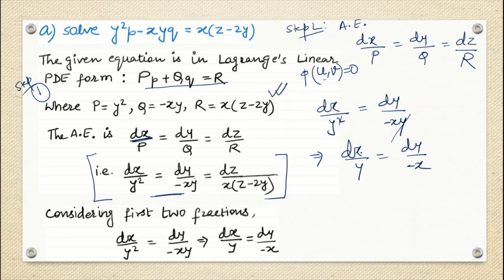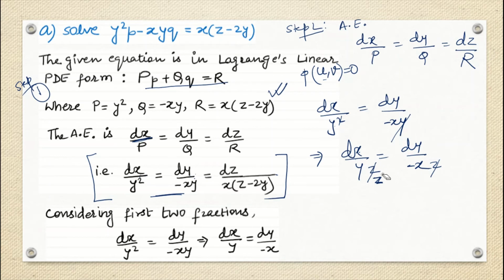And why am I taking these two fractions? Because you always try to group those fractions where, suppose here you have dx and dy, that means the z term is not present, or if the z term is present, you can easily cancel out that z. The reason is that if z is present, then you won't be able to integrate, because you have to integrate with respect to x and with respect to y in this fraction.